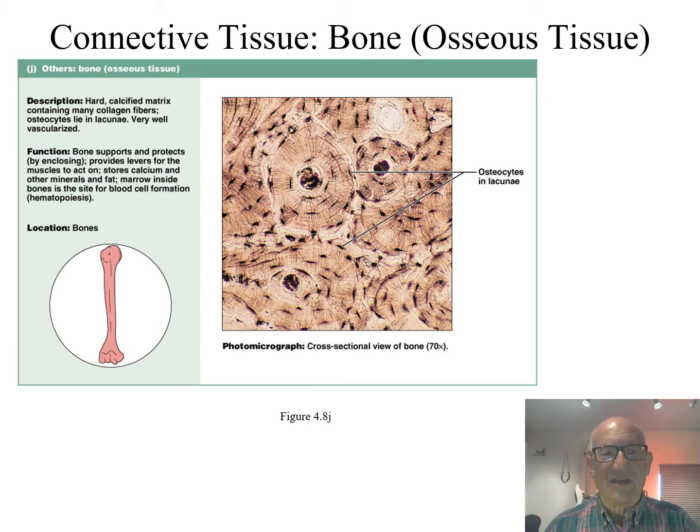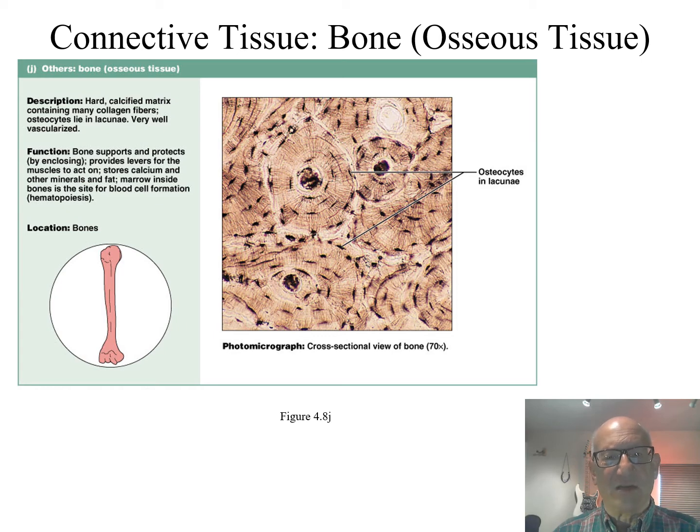Bone has a very distinctive look, especially because when they make bone slides, they cut the bone with an instrument sort of like a saw, and make very thin slices of bone tissue, and then they dye it with India ink.